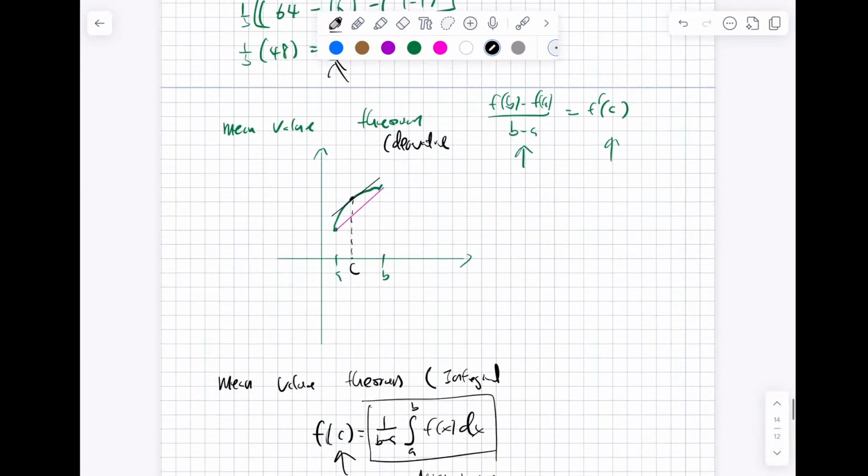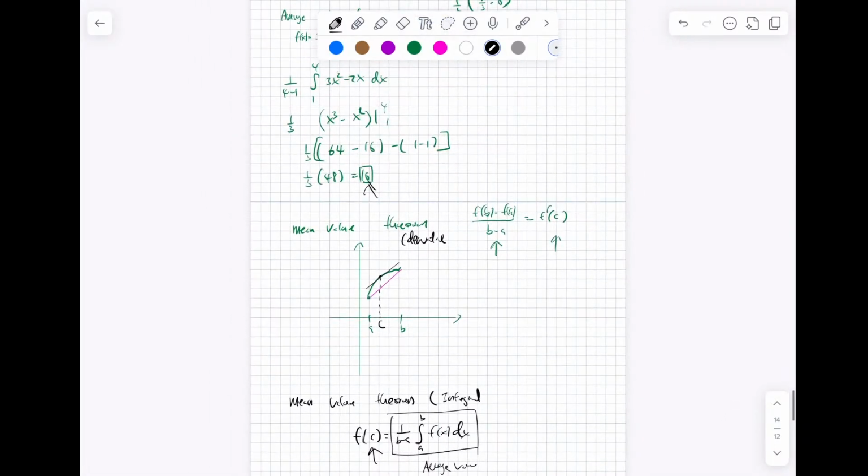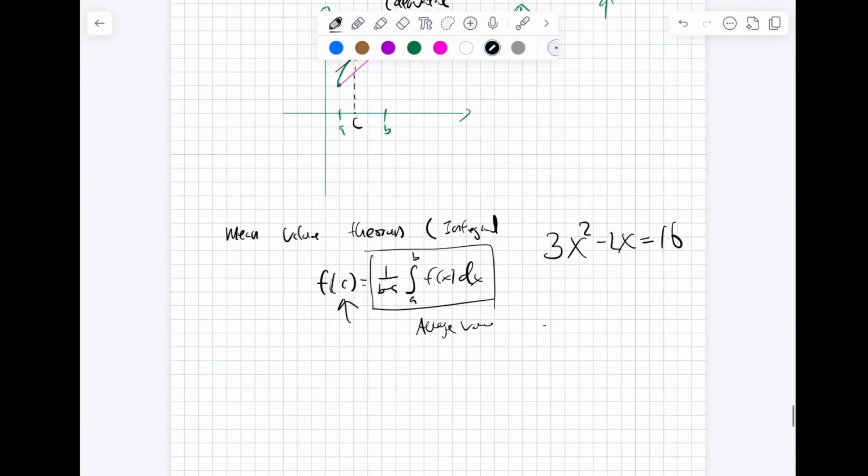So you can take that function, 3x squared minus 2x, and set it equal to 16. So 3c squared minus 2c is equal to 16, so 3c squared minus 2c minus 16 is equal to 0.